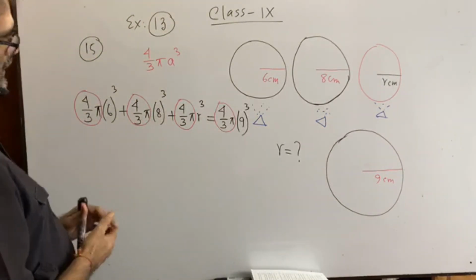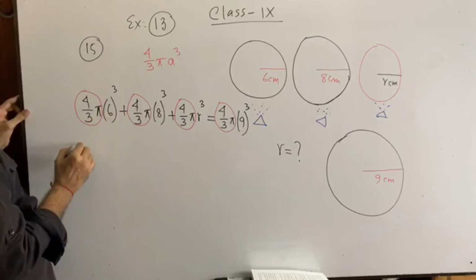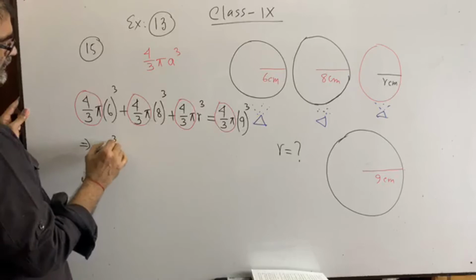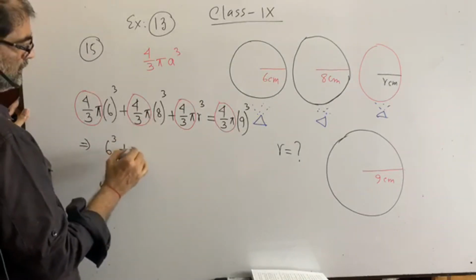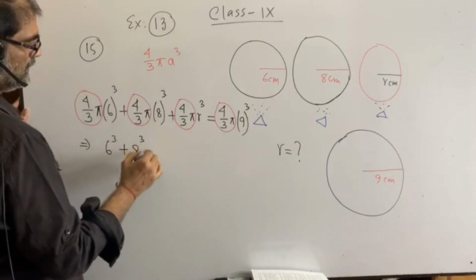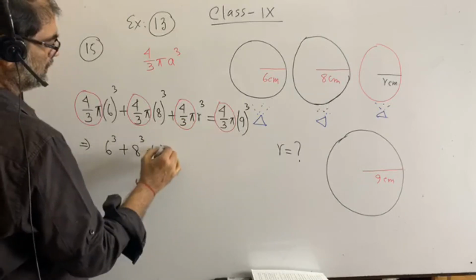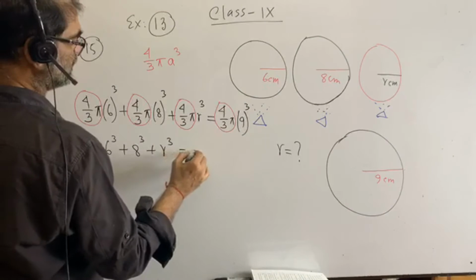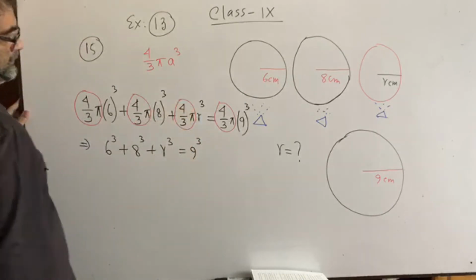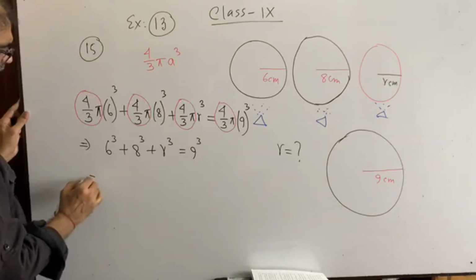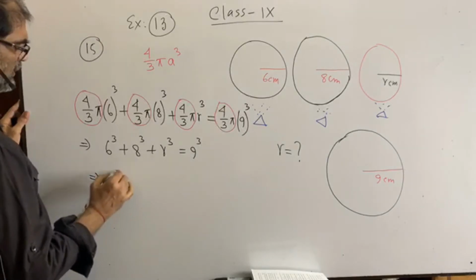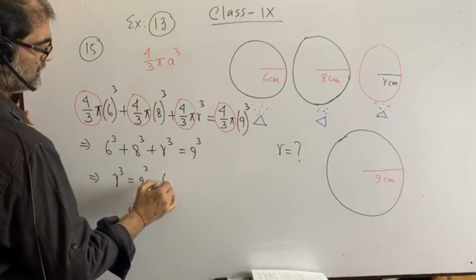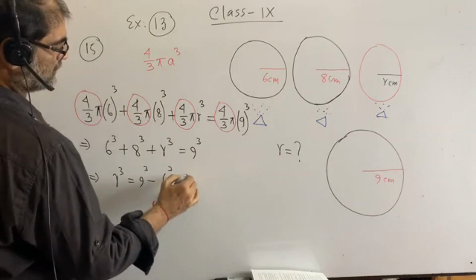Then we will be left with 6 cube, here 8 cube, here r cube, and here it is 9 cube. That is, r cube is equal to 9 cube minus 6 cube minus 8 cube.